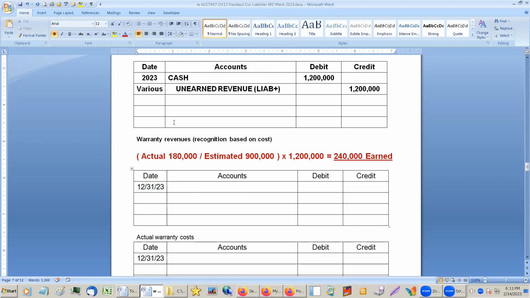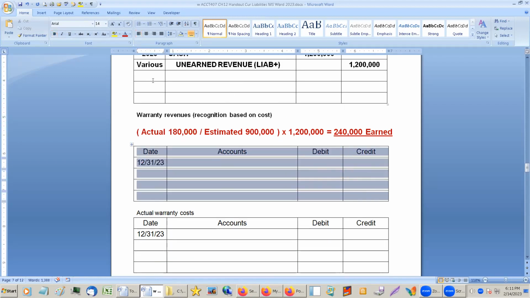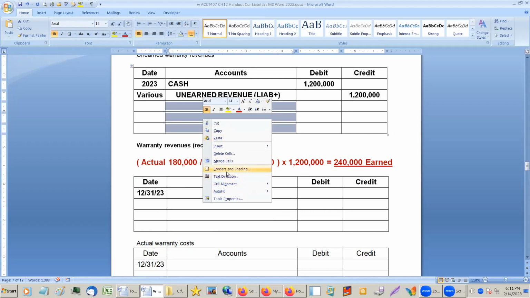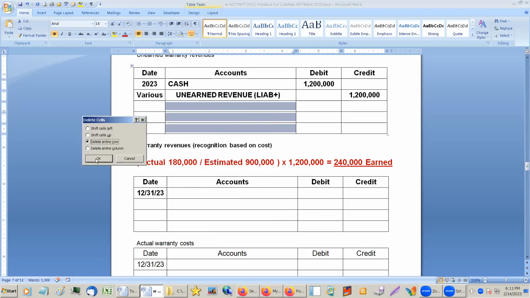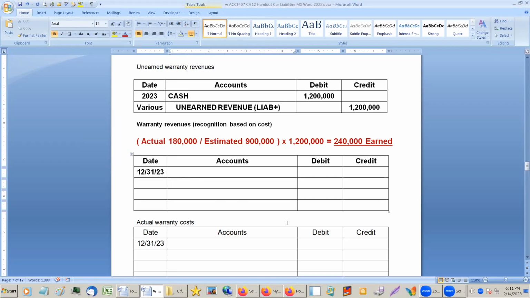Okay, so we have this unearned revenue. We've now earned 240,000. So what's the journal entry going to be? Unearned revenue debit and warranty revenue credit. Good.